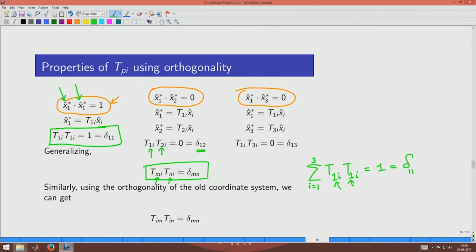Okay. So, when we write the orthogonality of the new coordinate system expressed in terms of the old coordinate system, we get this expression where the second index is being used as the dummy index. But if we do the reverse, that is, we express the old coordinate system unit vectors in terms of the new ones, and do the same analysis, then we see that the dummy index is actually in the first position of T. So, we can see that either way we are getting the Kronecker delta on the right hand side.